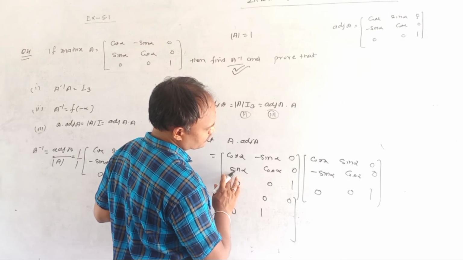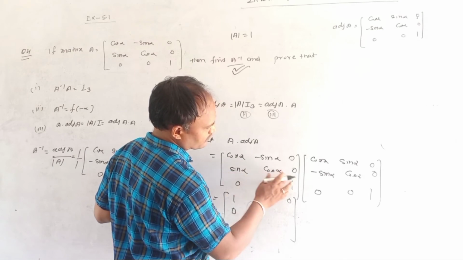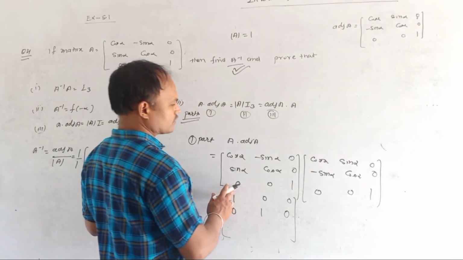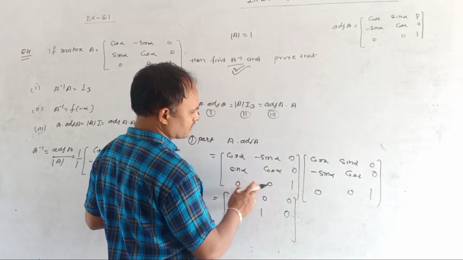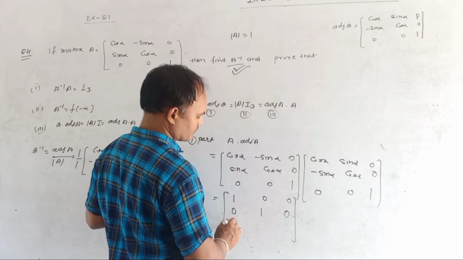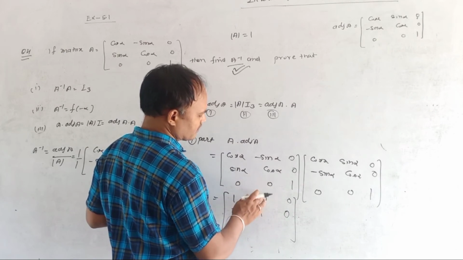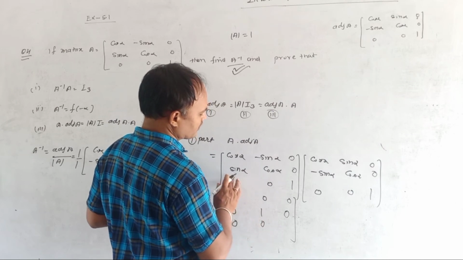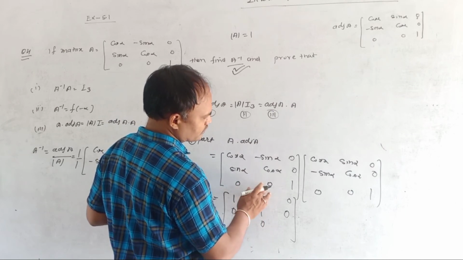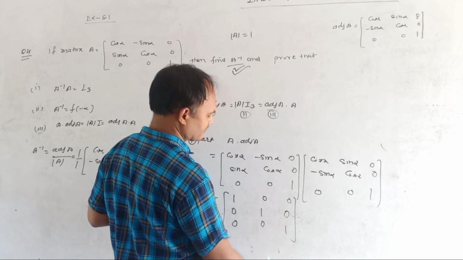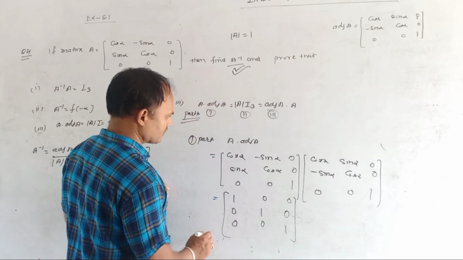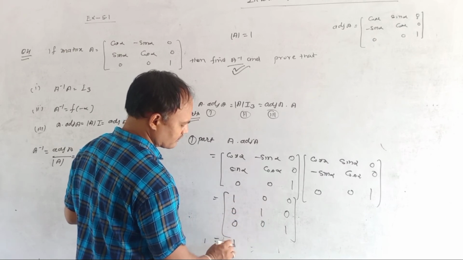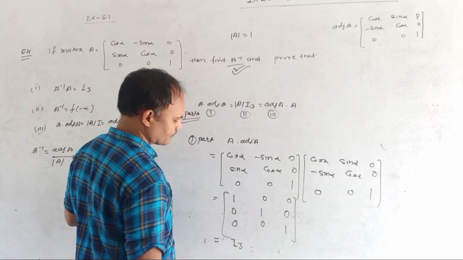The remaining entries are 0, and the last entry is 0 multiplied by 0, 0 multiplied by 0, 1 multiplied by 1, which is 1. So the first part is 1, 0, 0, 0, 1, 0, 0, 0, 1, which is I3.